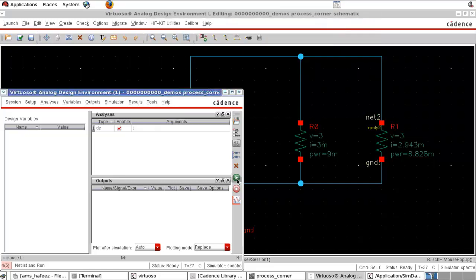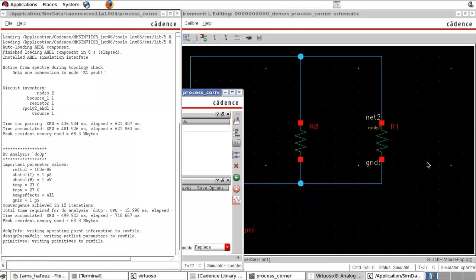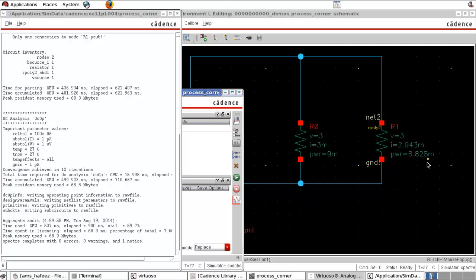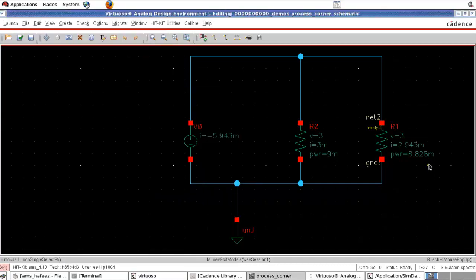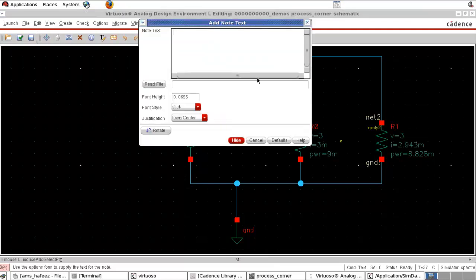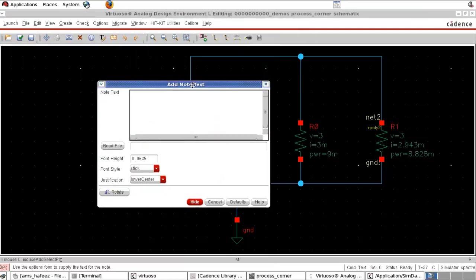So in this simulation we did the simulation with the typical corner itself, and we got these values. Before doing the simulation with any other corner, just note down these values. I am adding a note here. With ideal resistor we got 3 milliampere.